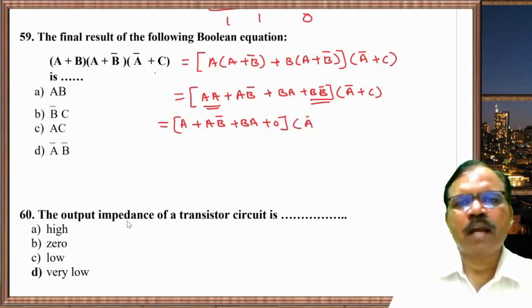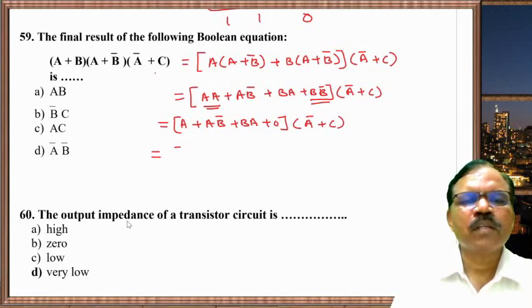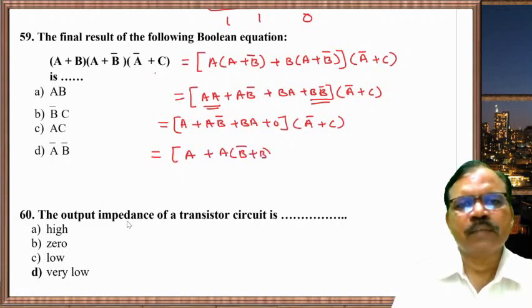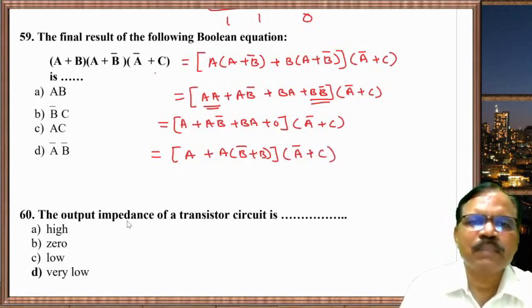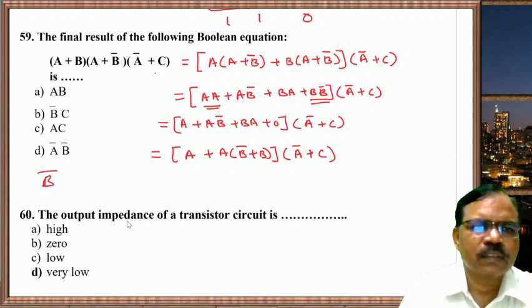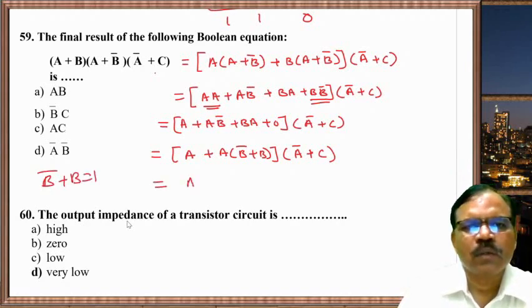Now here you can take A common: A plus A into (B bar plus B), multiplied by (A bar plus C). Now B bar plus B is always 1 according to Boolean algebra. So you will get A plus A, and then (A bar plus C).